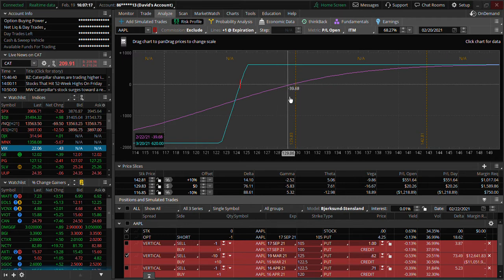You definitely want to close it before expiration, or else this curve here is going to really steepen, and you're going to be stressed out because you don't know where the stock is going to end up at expiration. And even after the close, there's potential for the stock to move down, and guess what? You could get assigned.